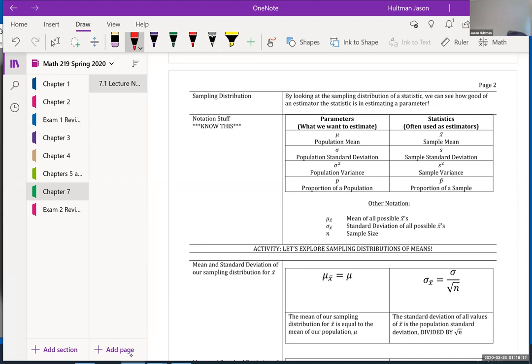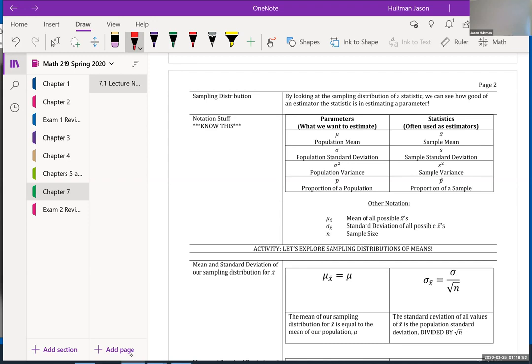The population mean is what we want to estimate, and what we use to estimate that is the statistic, X bar, the sample mean. Then the population standard deviation and the sample standard deviation, S. The population variance is just the standard deviation squared, and the sample variance is our sample standard deviation squared.